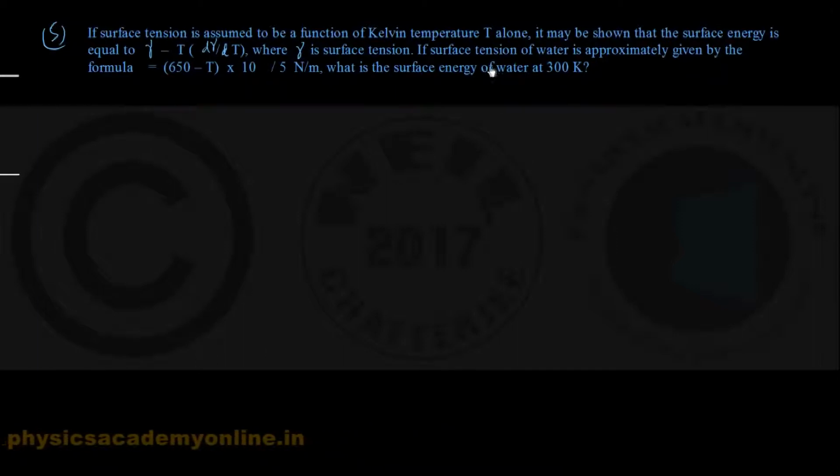If surface tension of water is approximately given by the formula gamma is equal to (650 minus T) into 10 to the power minus 3 divided by 5 Newton per meter, what is surface energy of water at 300 Kelvin? This is the problem.